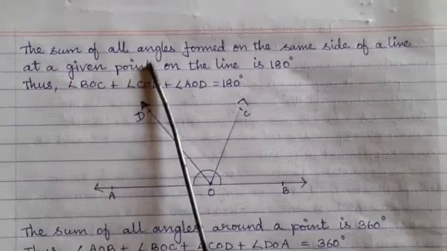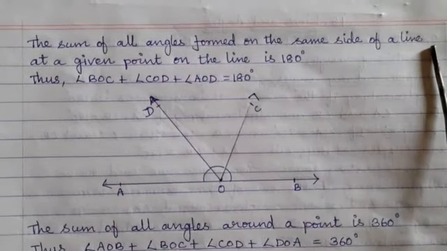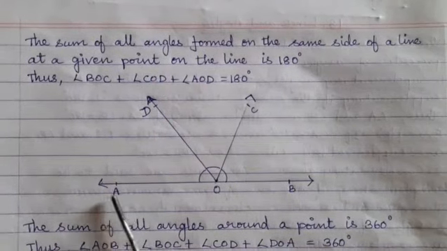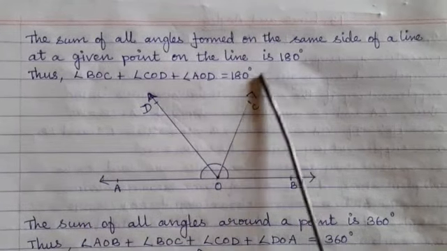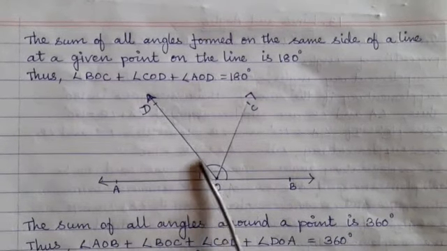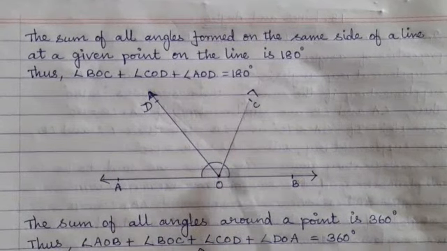The sum of all angles formed on the same side of a line at a given point on the line is 180 degrees. Just see, this is a line. There are two rays, OC and OD. Both rays form angles, and all angles are on the same side of the line.